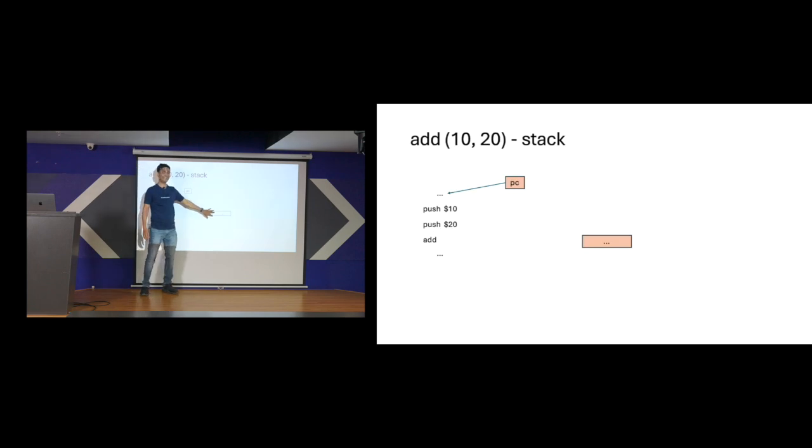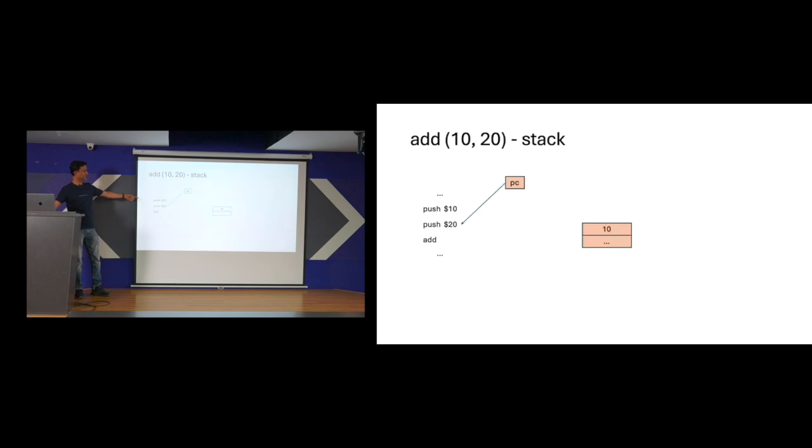There is a stack somewhere which we refer to as the operand stack, O-P-E-R-A-N-D, okay? The way things work is, we push 10 to the stack, we push 20 to the stack, and then we call add. What add does is pop 20, pop 10, add them together, and push the result back.